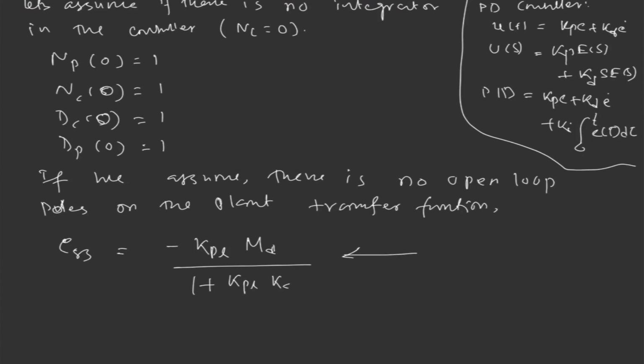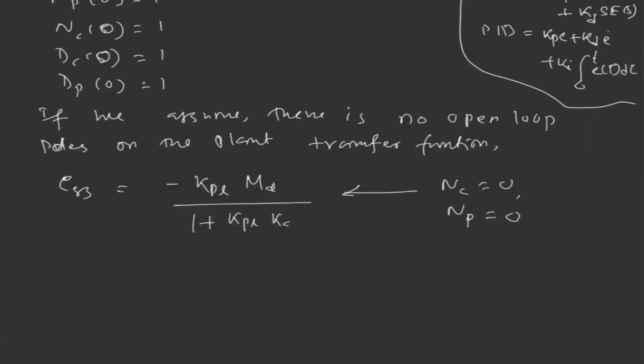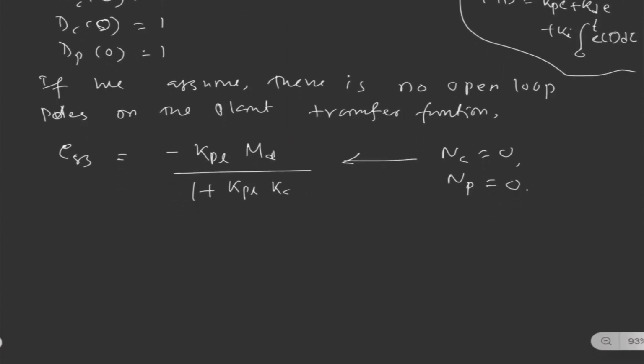So this is the case when N_C equal to 0 and N_P equal to 0. So there are no open loop poles in the system as well as in the controller.